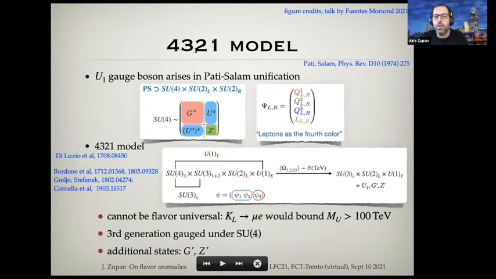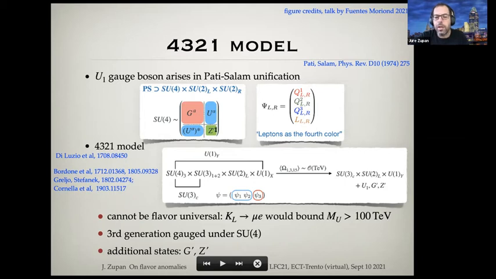This so-called 4-3-2-1 model has all the necessary ingredients. What you can notice is that if you combine, let's say, the leptons with the quarks, form a 4 of the SU(4), then you will have the U1 gauge bosons in here, in the part of the SU(4), but there will also be a related color octet and another color singlet, Z prime, so G prime and Z prime.